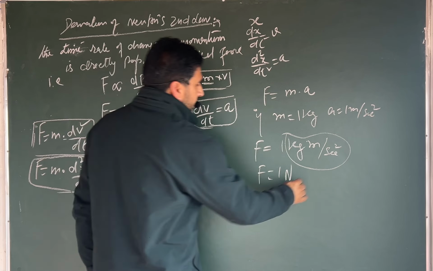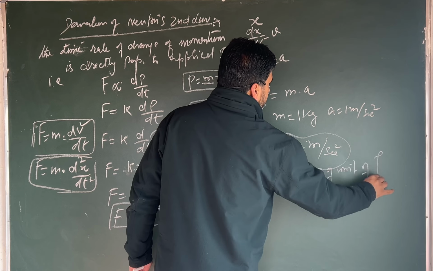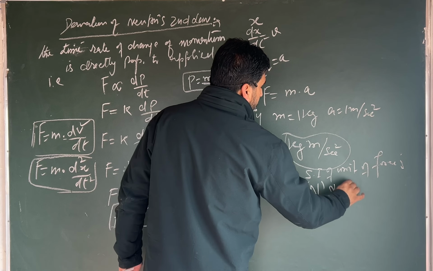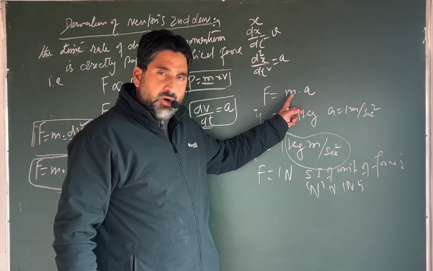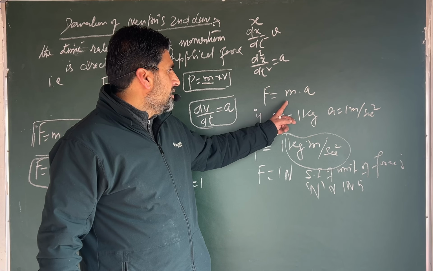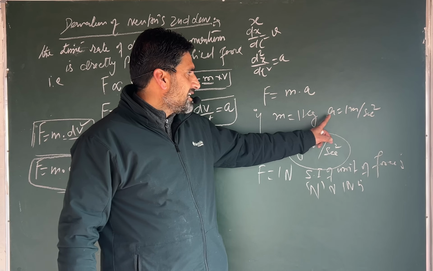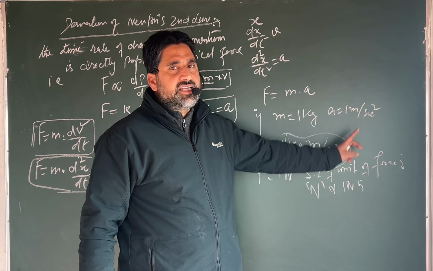Hence, the SI unit of force is Newton, and 1 Newton is the force when a body of mass m equal to 1 kg is accelerated through an acceleration of 1 meter per second square.